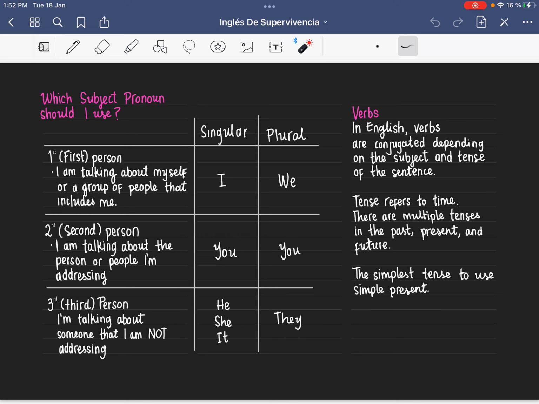Les acabo de decir que vamos a elegir un tiempo verbal, presente simple, y para entender los sujetos vamos a usar sujetos pronombres. Entonces vamos a usar estos sujetos que tenemos aquí. So I just told you we're going to use simple present tense. I just told you the tense. And for the subjects, we're going to use subject pronouns, which replace pronouns that are the subjects of a sentence. So we're going to use these here.